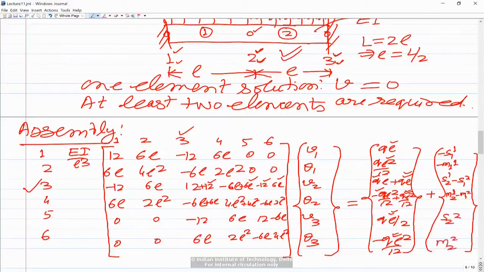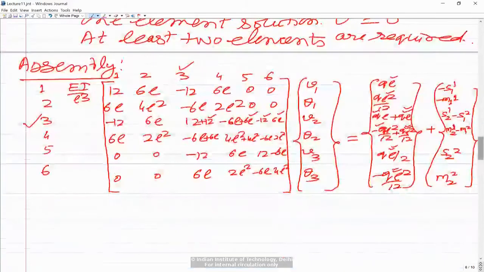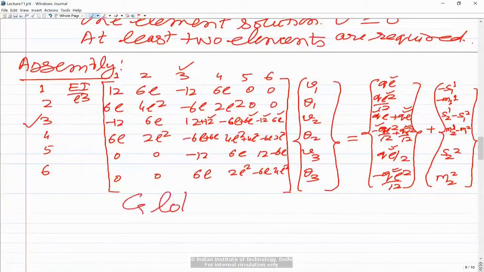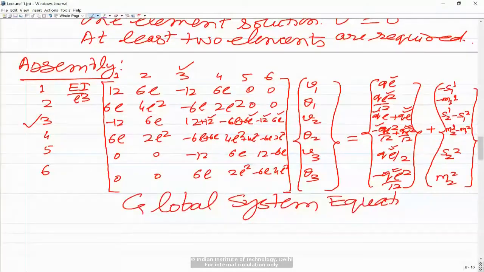So this is the contribution of both elements 1 and 2 in the global system. For the internal loads we are using superscript as the element number. So this we call the global system equation. This is the equilibrium equation for the system as a whole. Let us say that this is equation number 1.